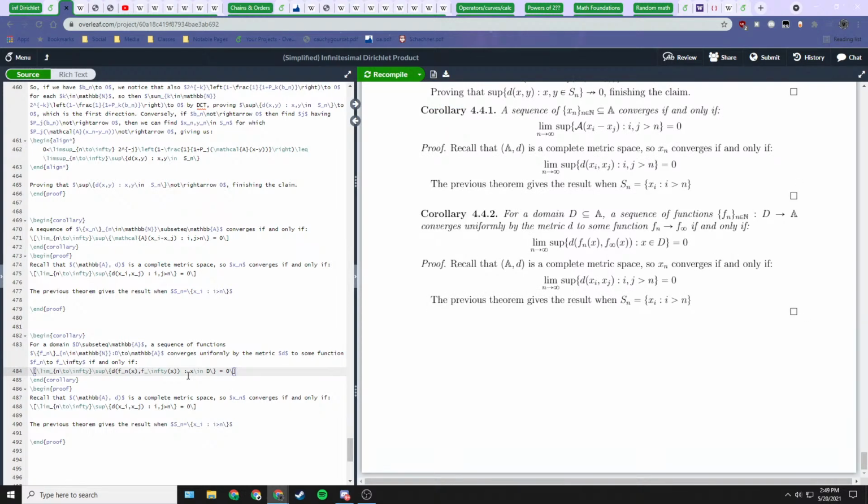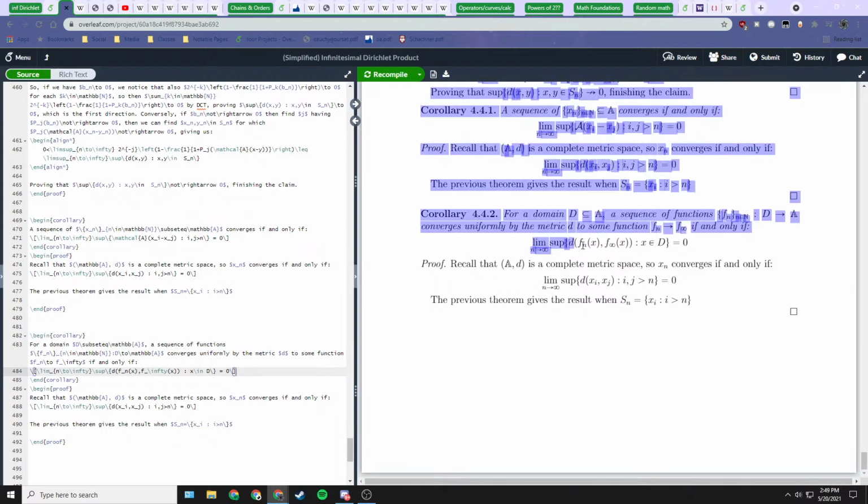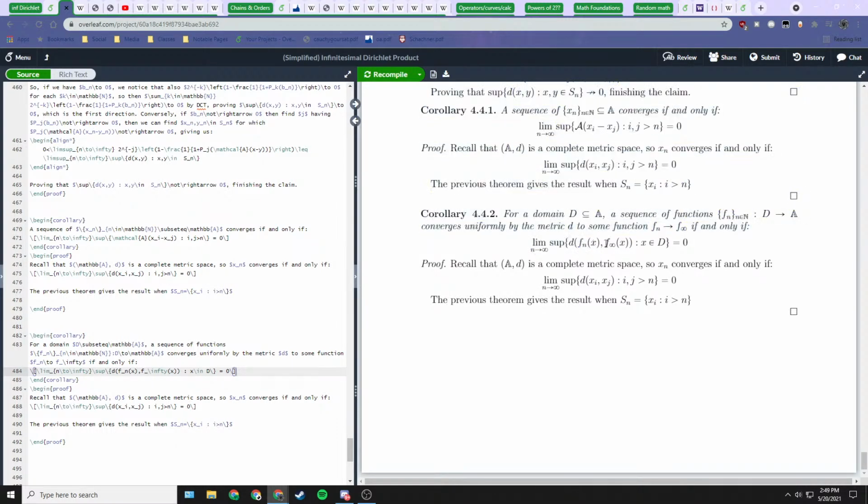So a sequence of functions converges uniformly by the metric D to some function f infinity if and only if these supremums of the distance functions tend to 0. So the supremums are the distance between f sub n and f sub infinity, where x is varying across the whole domain.